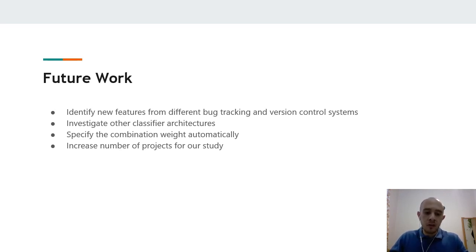We will investigate other architectures for classifiers to increase the performance, and we will eventually want to find a way to specify this combination of the weights automatically instead of doing it ourselves, and we are going to increase the number of projects for the study so we can cover the generalizability of our proposed method better than before.